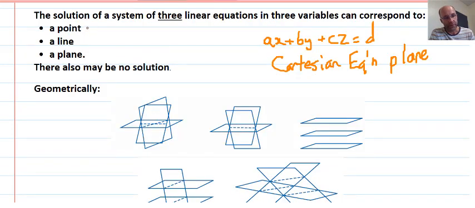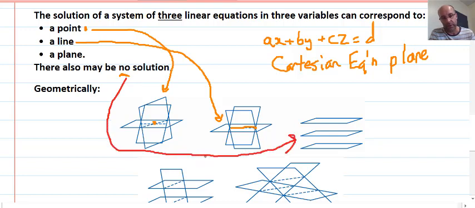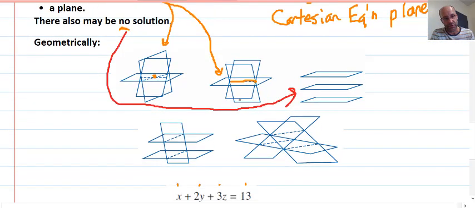The solution could correspond to the planes meeting at a point, which would be like this one here, and you can see there's a point there that they meet at. The planes could intersect at a line. Common intersection is along a line like that, or a plane, which I haven't shown below, and there may be no solution, which corresponds here, for example, to 3 parallel planes, but also where there's no solution to all 3.